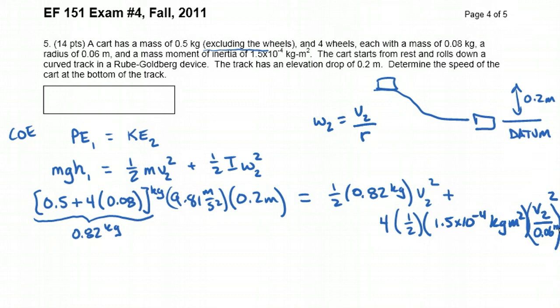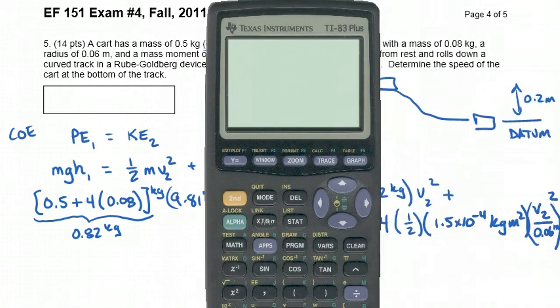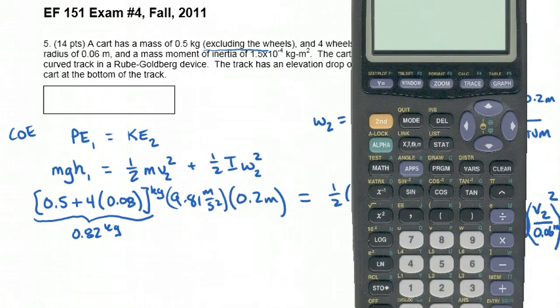The meters will get squared here, and we'll end up with kilograms mass and velocity squared units, which is work or energy. So we have a single equation here. It has v squared in this term, v squared in this term. We'll just combine and solve. I'll use the solver to do that, so I can check all my work.